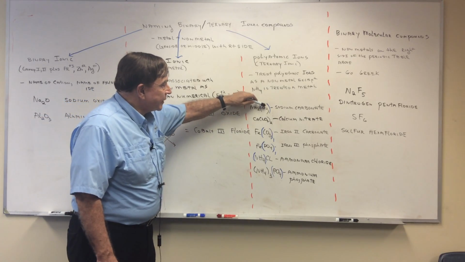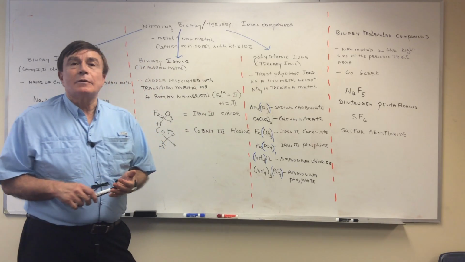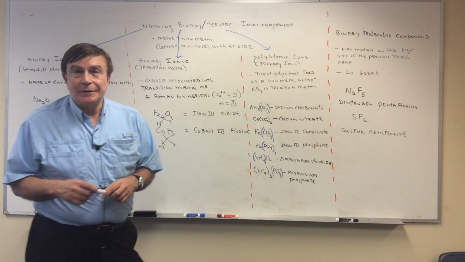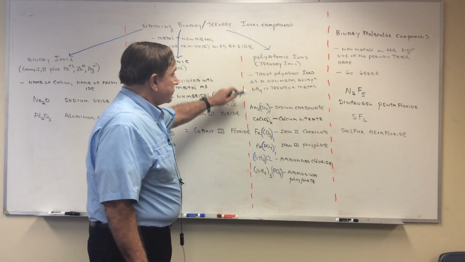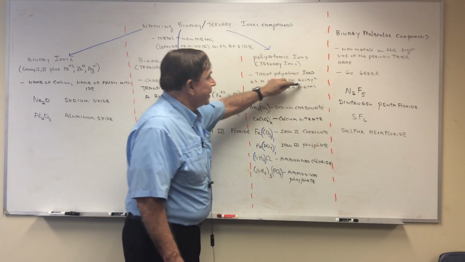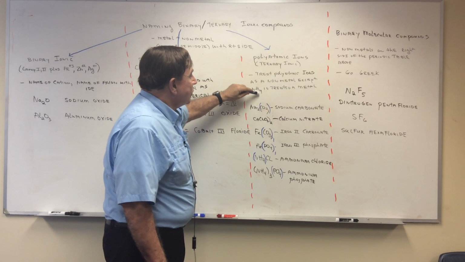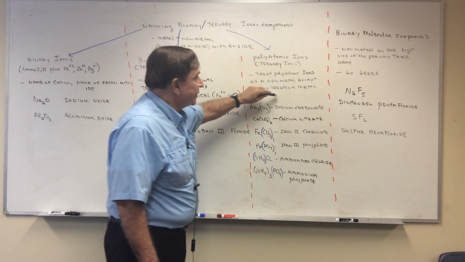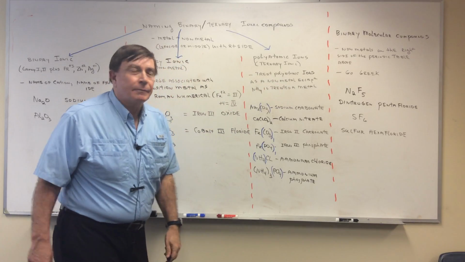Okay, the polyatomic is this. Now, how do you know this is a polyatomic? Your instructor will probably ask you to memorize that sheet that you get. You treat polyatomic ions as a non-metal, except, there's always an exception, ammonium, which is treated as a metal. So when we're doing this, we know it's a metal plus a non-metal.